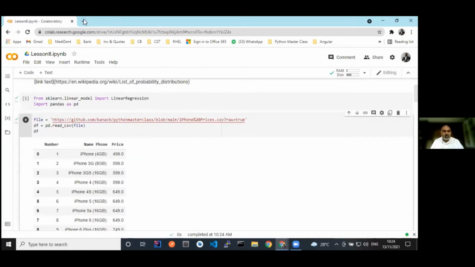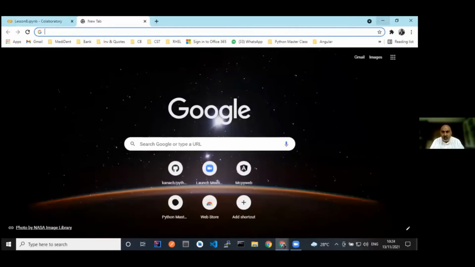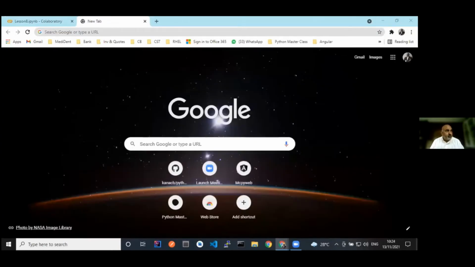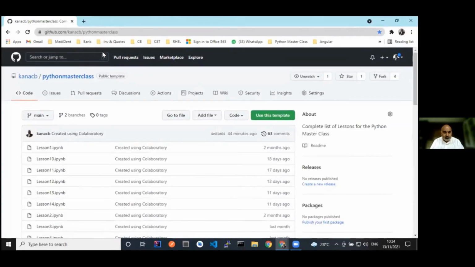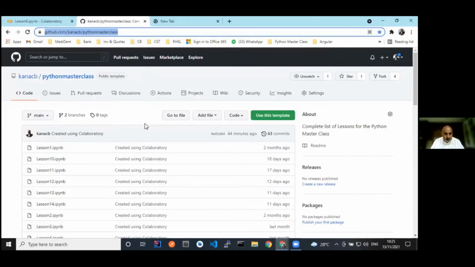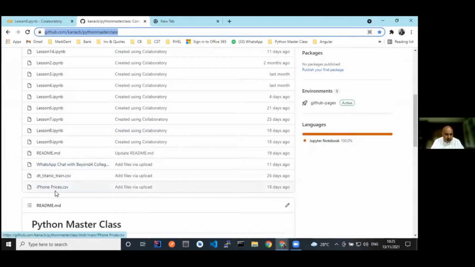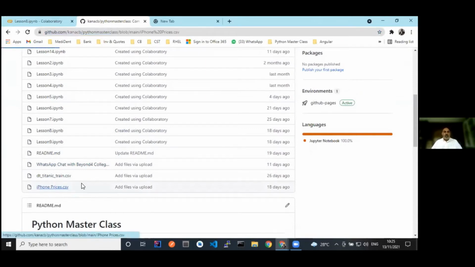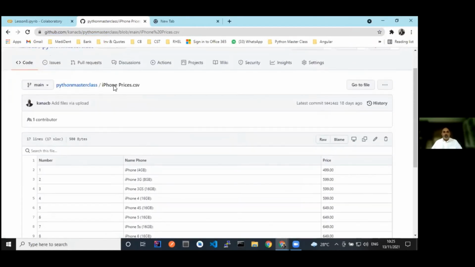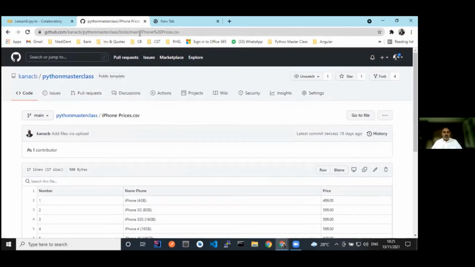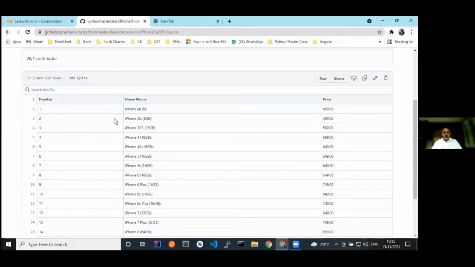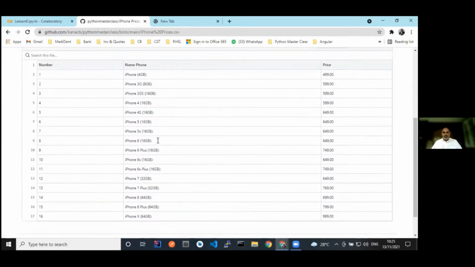Okay, so the data set is there. It's here, iPhone prices. If you click on the iPhone prices, it goes to the CSV. So it actually shows you the files, the data.